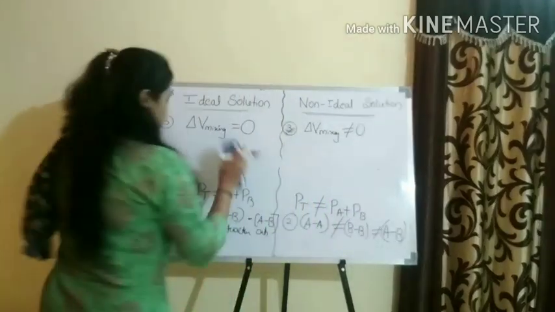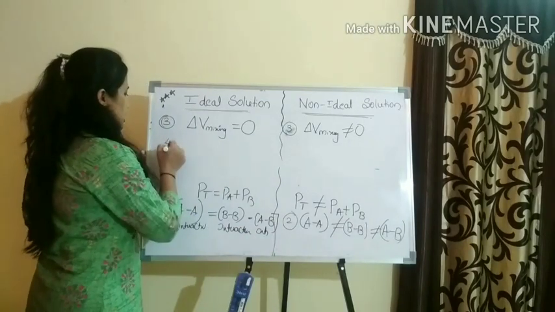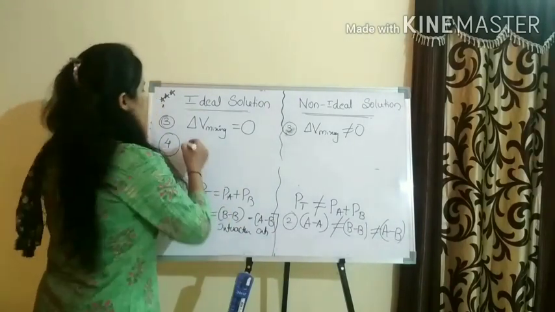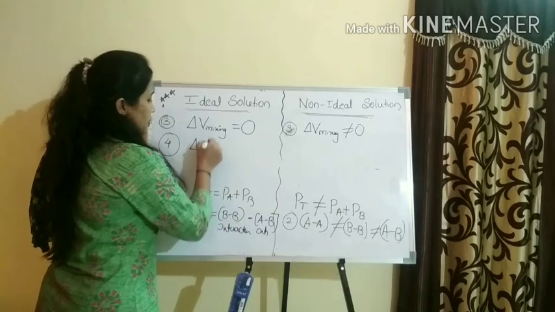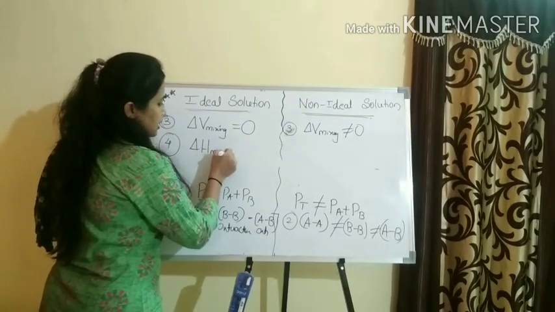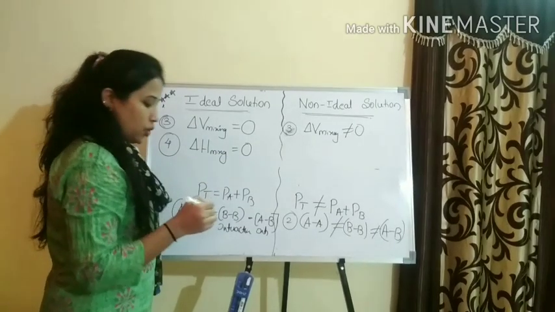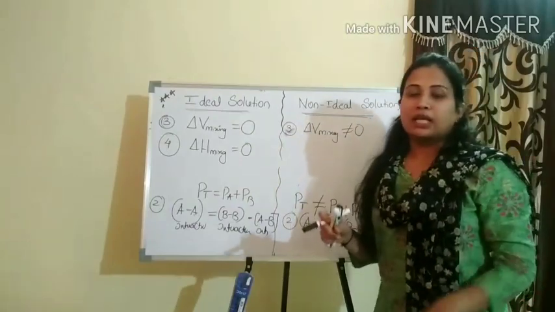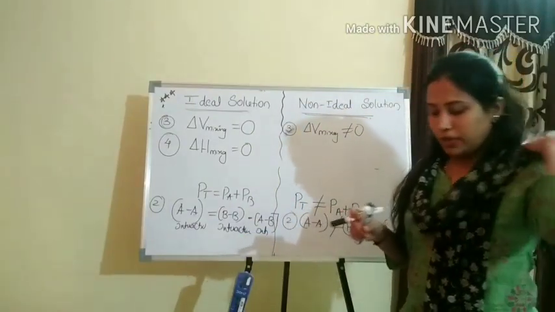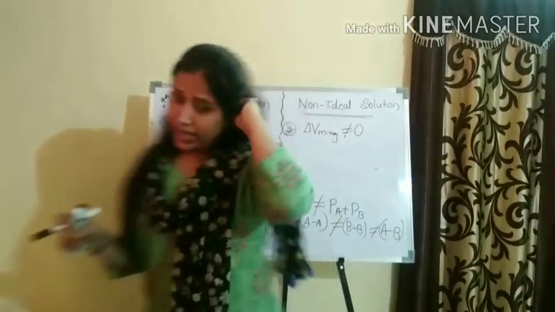Now the fourth one is delta H upon mixing. Delta H upon mixing is equal to 0. What do you mean by this? What do you mean by delta H? Delta H is the enthalpy of a reaction, the heat of a reaction. What do you mean by heat of a reaction?